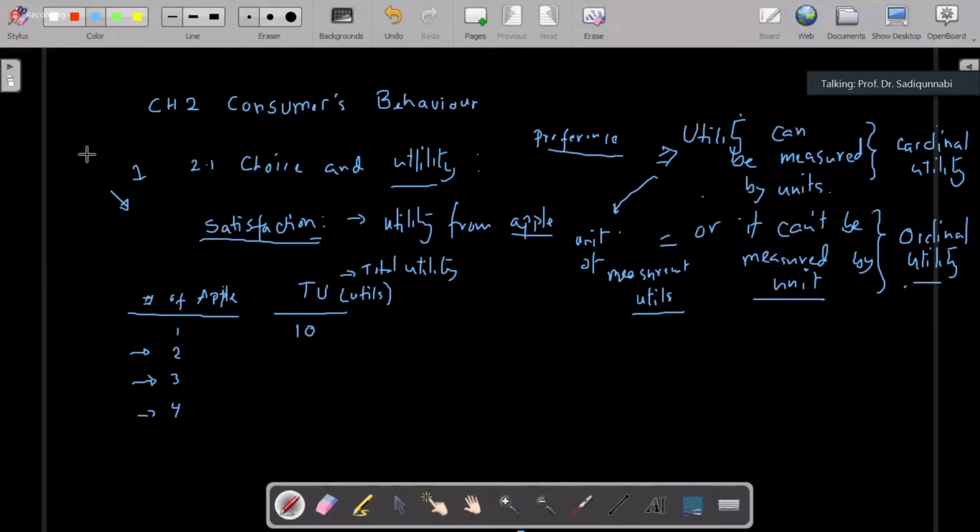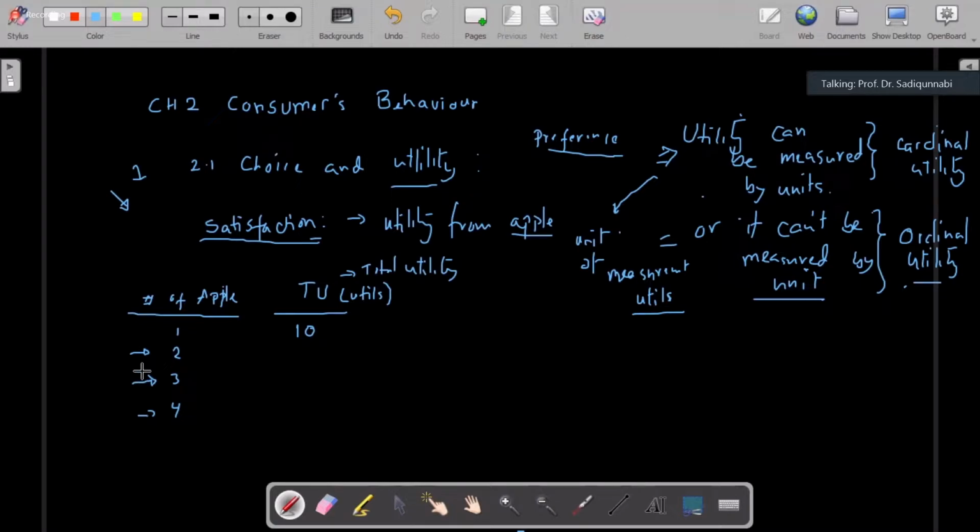So I give you a glass of water, and you say that I need more because I'm very thirsty. Do you think that the utility from the first glass and the utility from the second glass are equal? No, sir. Why not?